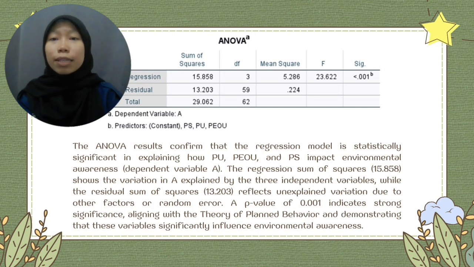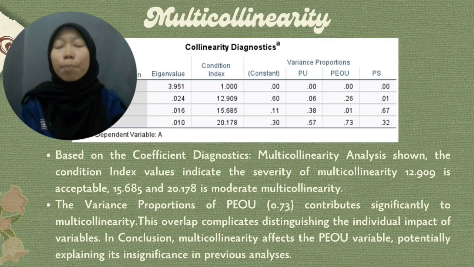Next, based on the coefficient diagnosis, multicollinearity analysis states the condition index value indicates the severity of multicollinearity in the dimension, which is 12.909 is acceptable, but 15.685 and 20.178 is moderate multicollinearity.